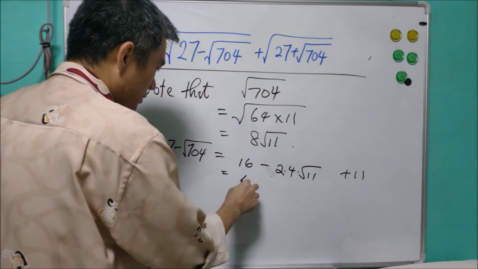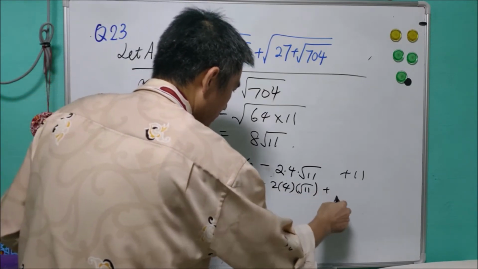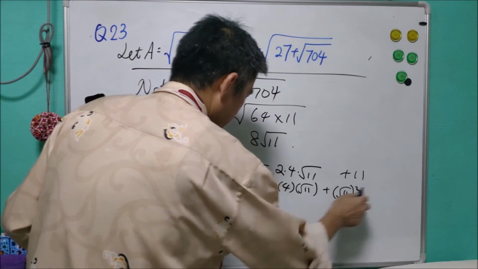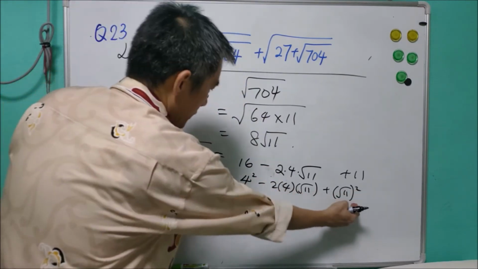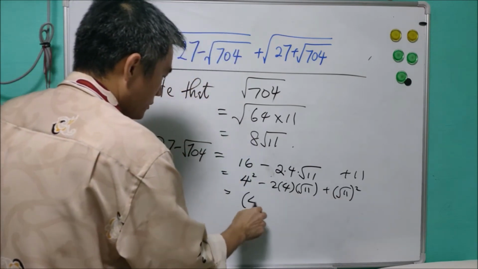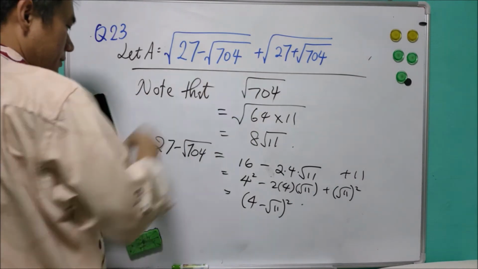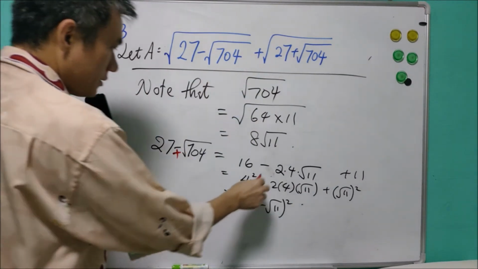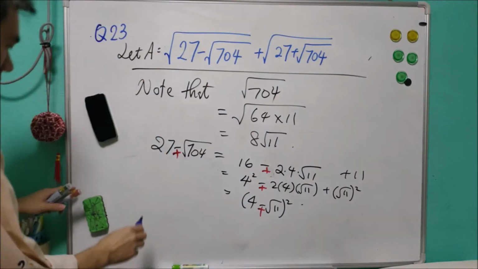And this is actually 4 squared minus 2 times 4 times square root 11 plus square root of 11 squared. So what you have here is a squared minus 2ab plus b squared. So this is a minus b squared. Likewise, if this is a plus, this will be equal to, this is plus, and this is plus.